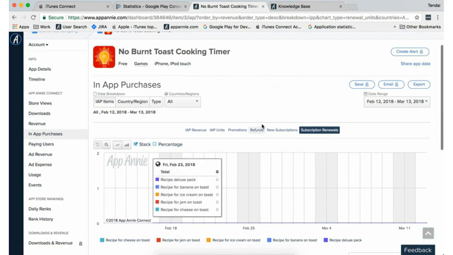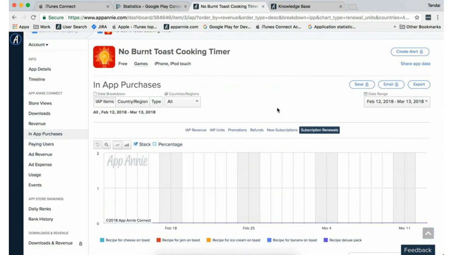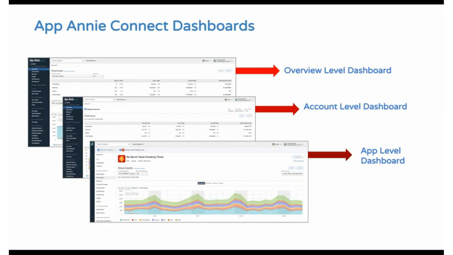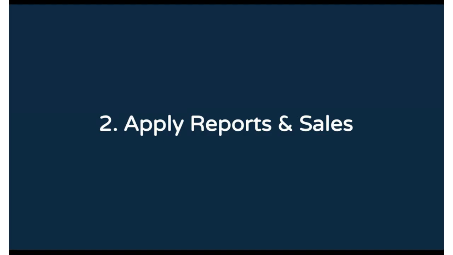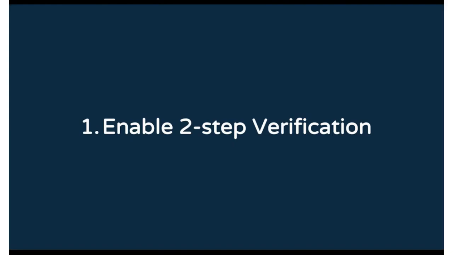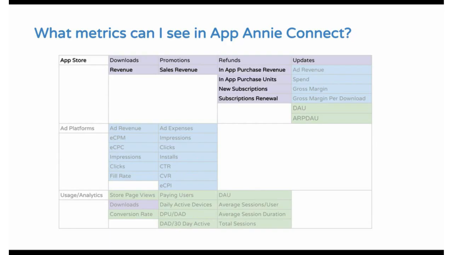All right, so basically this is the first bit of understanding the different type of dashboards provided in App Annie Connect. In our next webinar, we'll be looking into how to connect your ad platform account so that you can get access to metrics such as ad revenue, ad expenses, and so forth.